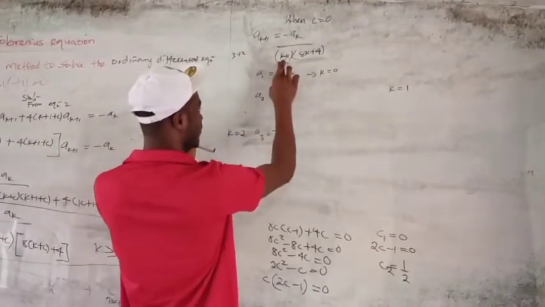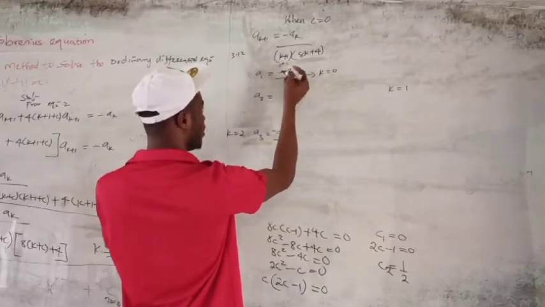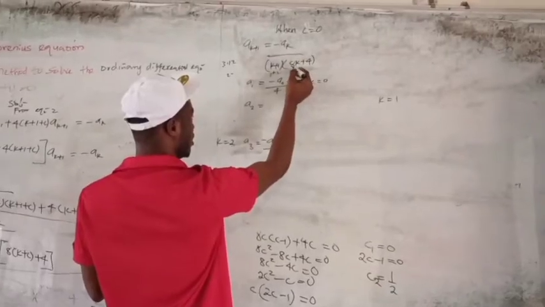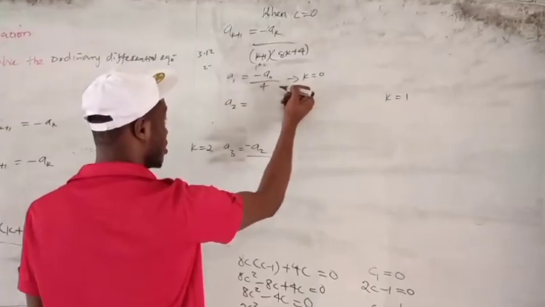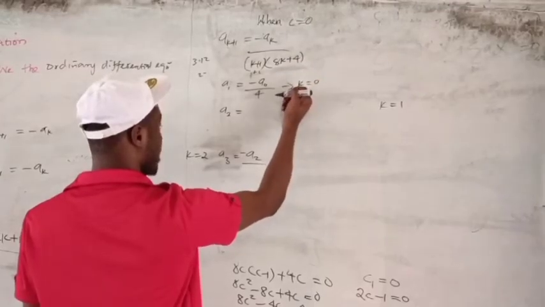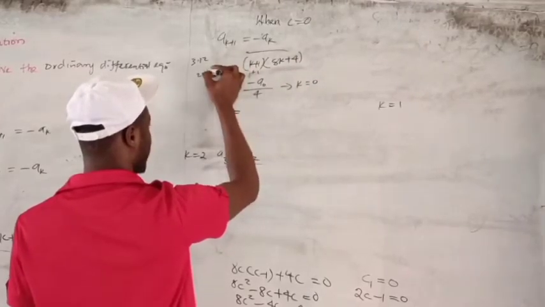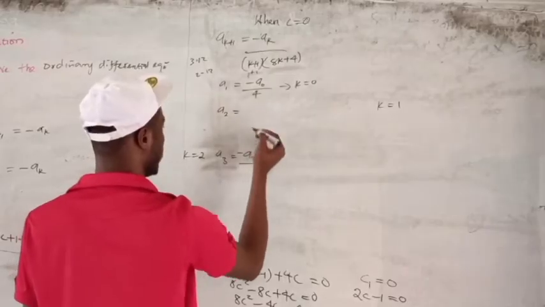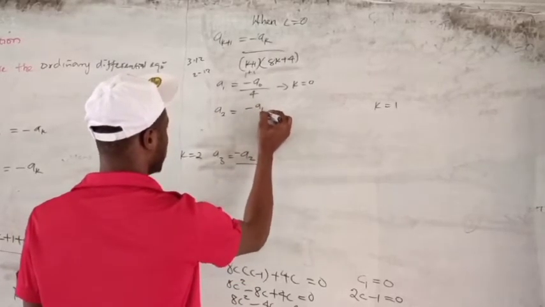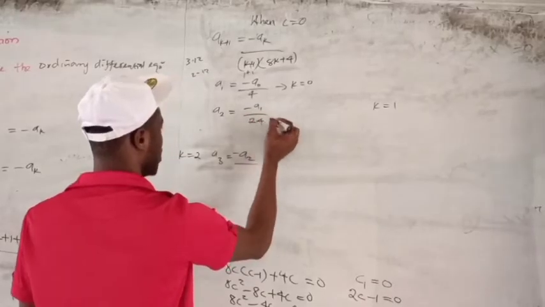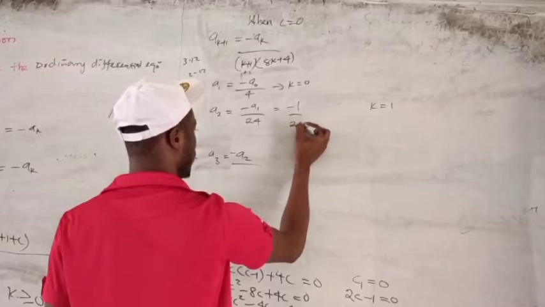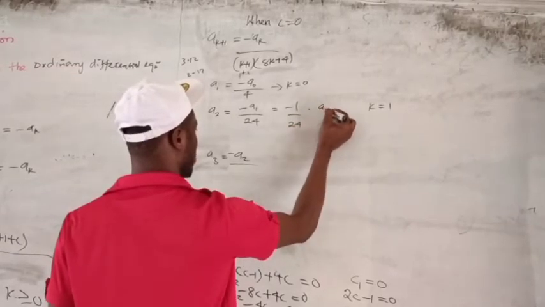Sorry, when k is equal to 1, I have 1 plus 1, that's 2. So I have 2 times 8 times 1, that is 8, plus 4, that is 12. So I have 2 times 12, which is 24. So I have minus a1 over 24.